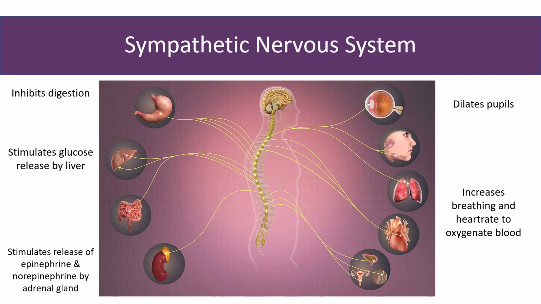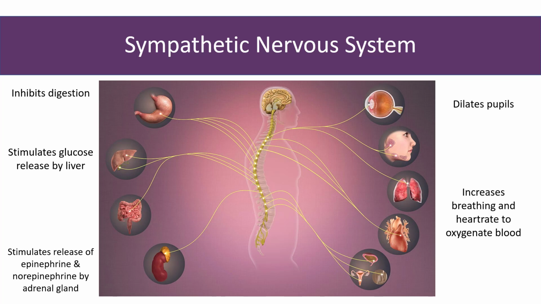Not to get all gross and talk about toilets. This is 2 for 2. Had toilets in the first lecture, now we're talking about toilets again. But think about when you're really stressed and your stomach is all tied up in knots, and maybe there's some constipation issues. That's the sympathetic nervous system.